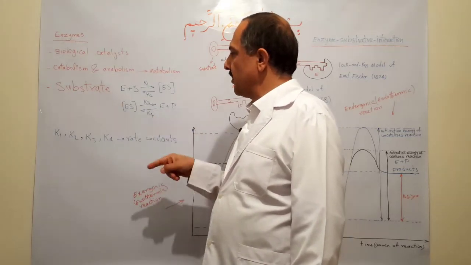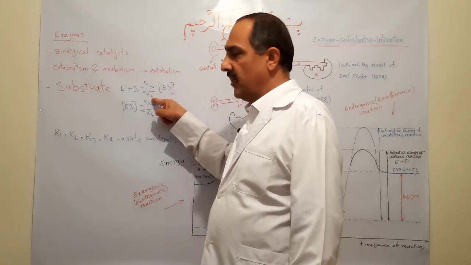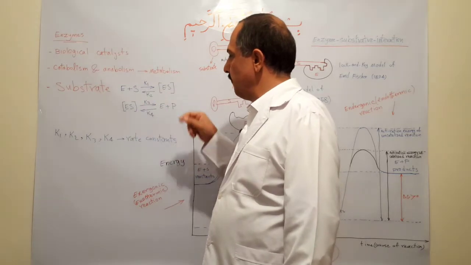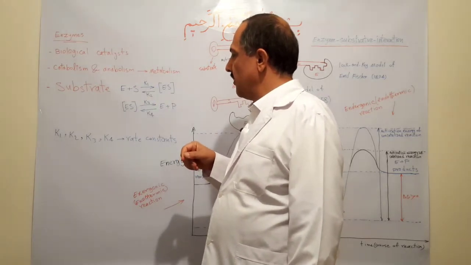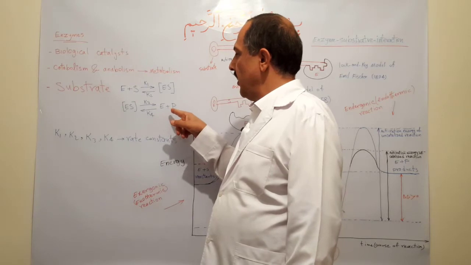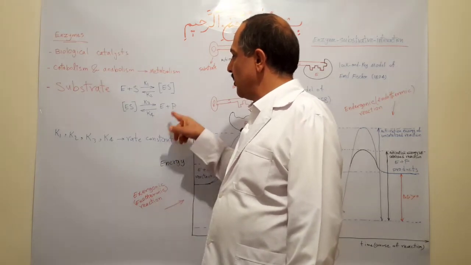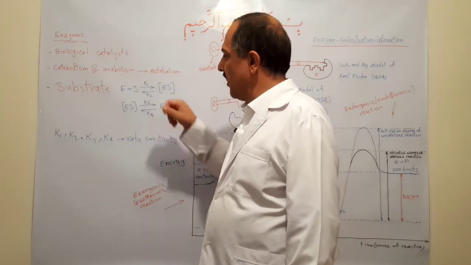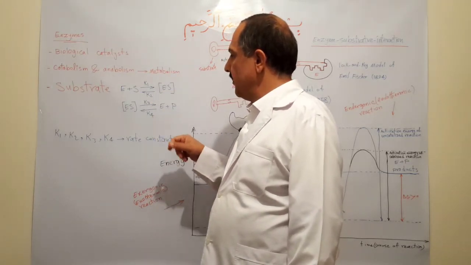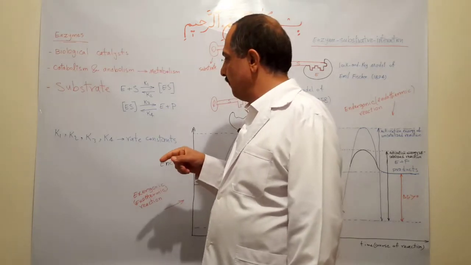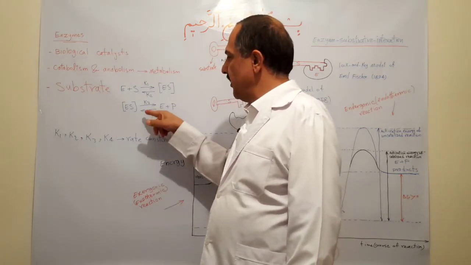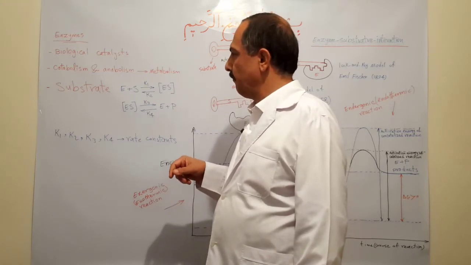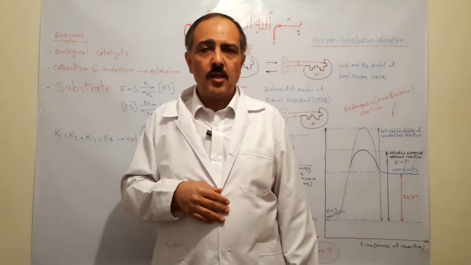In the second reaction, if K3 is greater than K4, again the forward reaction takes place toward the formation of product. If K4 is greater than K3, the reverse reaction proceeds. But commonly, the K4 value is very negligible.